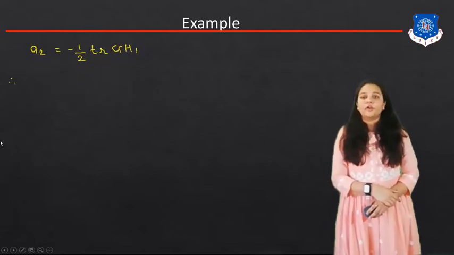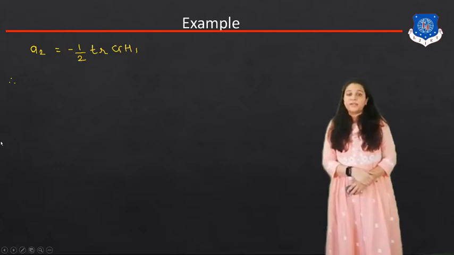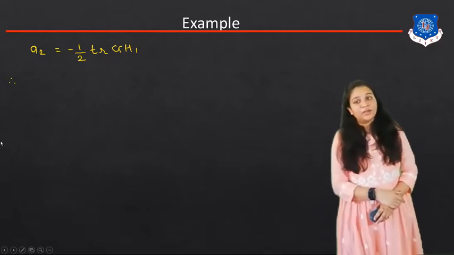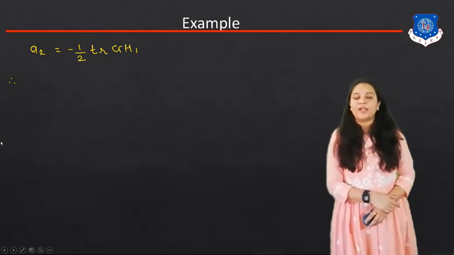Next we have to find the value of a2. The equation of a2 is minus 1 by 2 trace of G into H1. First we multiply the two matrices G and H1, then take the trace, and then divide this value by 2.